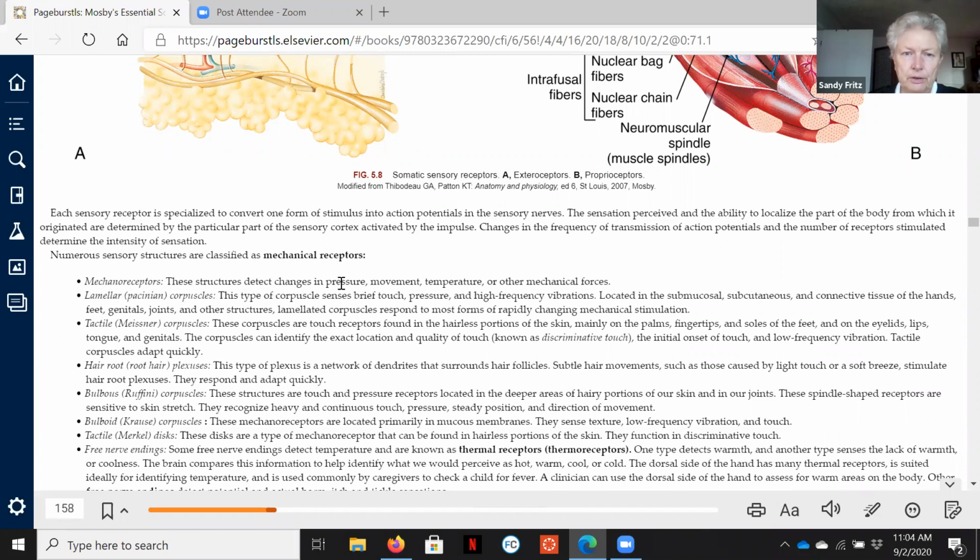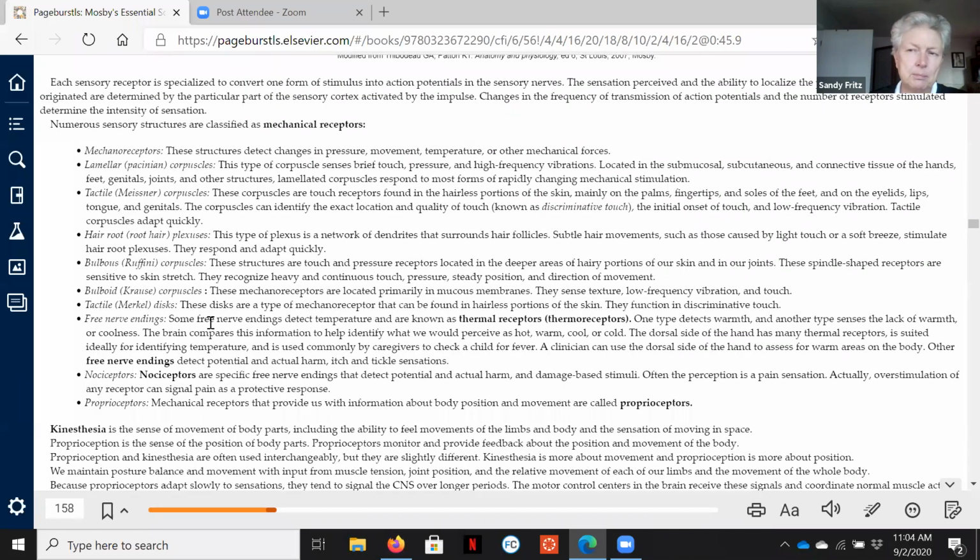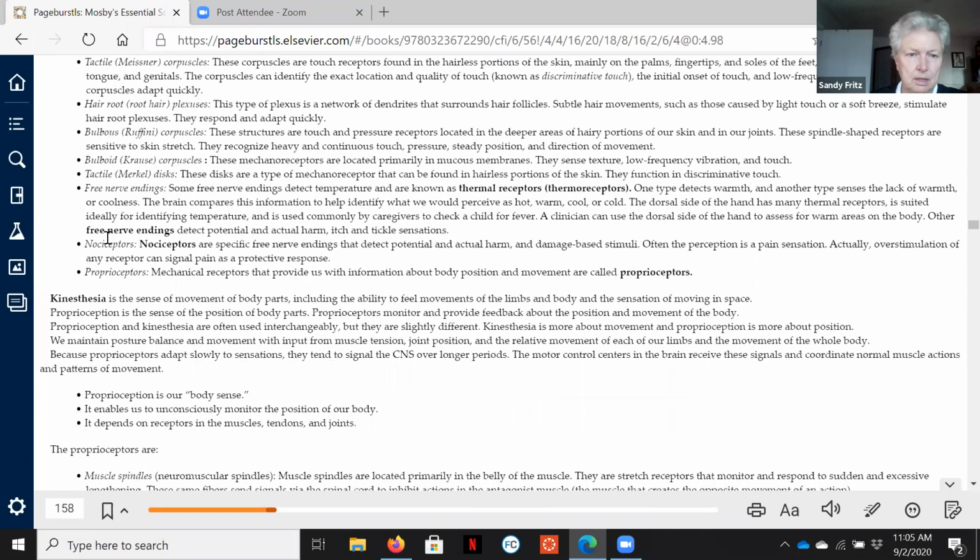In general, they're looking at changes in pressure and movement and temperature and other mechanical forces. It makes sense that massage would talk to the mechanoreceptors. So as you read down the rest of these, think about how massage application, the push and pull of it, can talk to each of these sensory receptors.